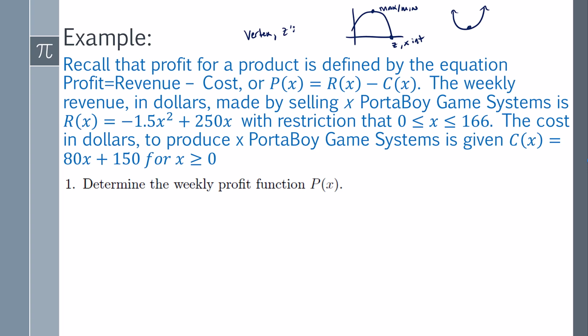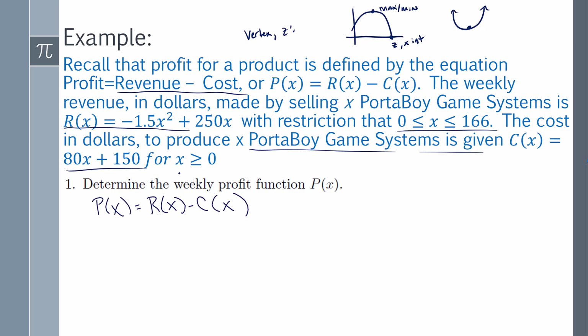In this first one, it says the profit function is revenue minus cost. The weekly revenue in dollars made by selling x Portaboy game systems is this R of x function, and we have the restrictions. The cost in dollars to produce x Portaboy game systems is given, and there's our cost. So if it says determine the weekly profit function, it's literally just R of x minus C of x, given to us in the problem.